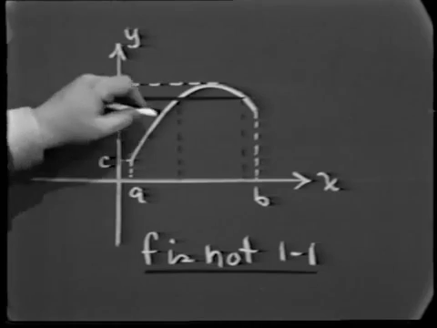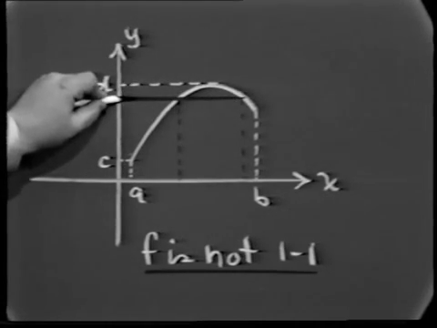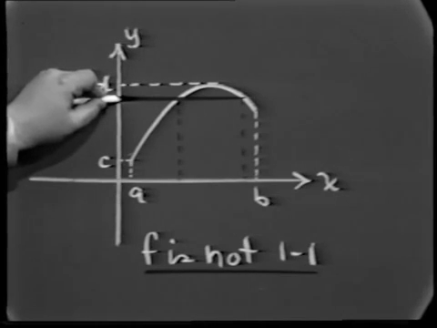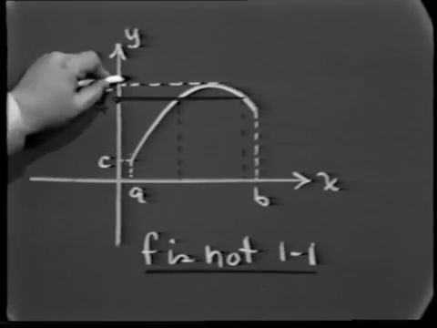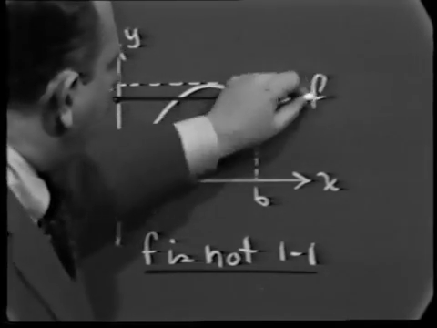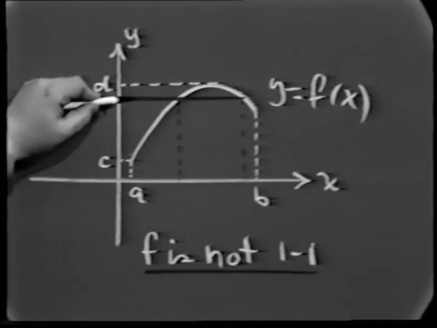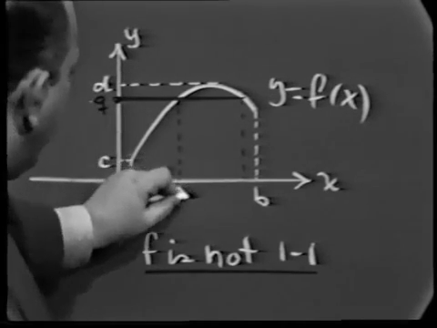Well, how can we see that? Pick any part where the curve doubles back, pick a point like this in that range, and call that point Q. Notice that Q is in the proper range of f now. See, y equals f of x. Now the question is, given the y value of Q, are there any x values that map into Q under f? And the answer is yes, there are.